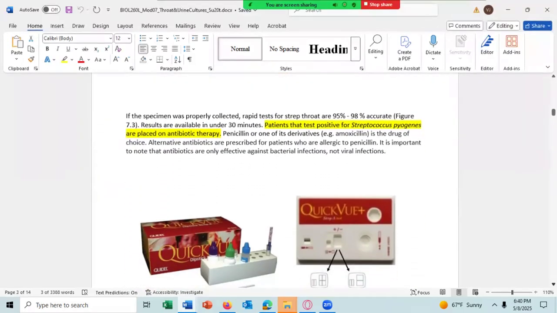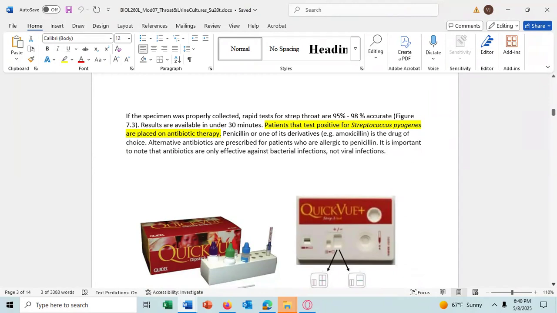Patients that test positive for Streptococcus pyogenes are usually placed on antibiotic therapy. The reason being that Streptococcus pyogenes has a capsule around it, which helps prevent the immune system from easily attacking and removing it from the body.